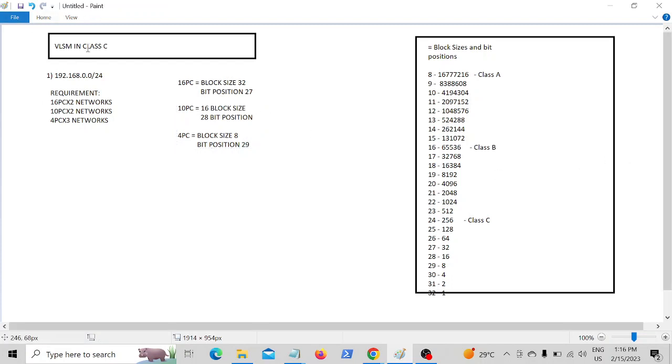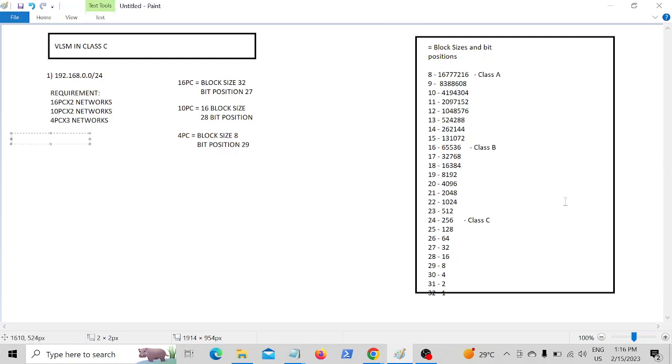Okay, so previously we studied FLSM, which was fixed length, but here in variable length subnet mask, it is going to vary with its subnet mask. Coming to network 1, it will be 192.168.0.0/27. As I told, this is the bit position 27.